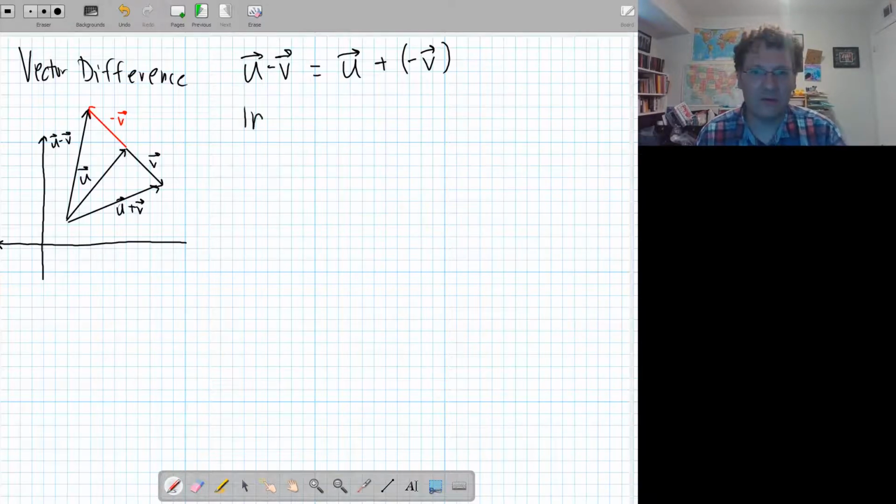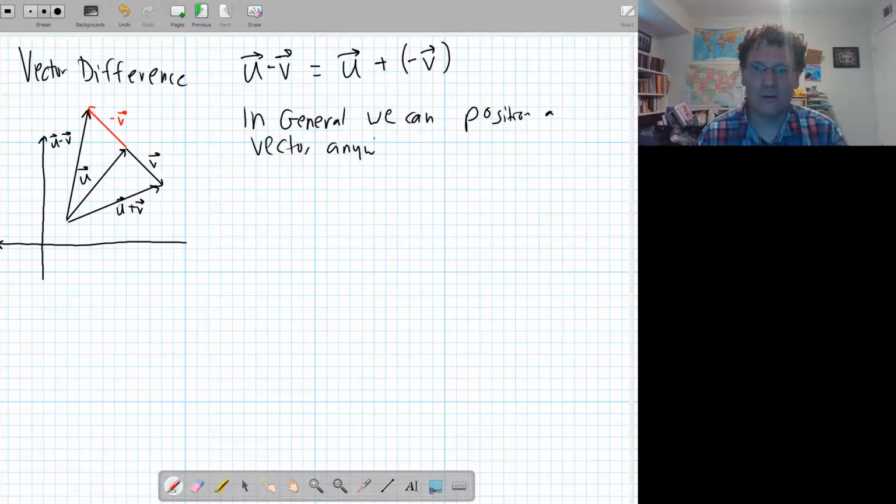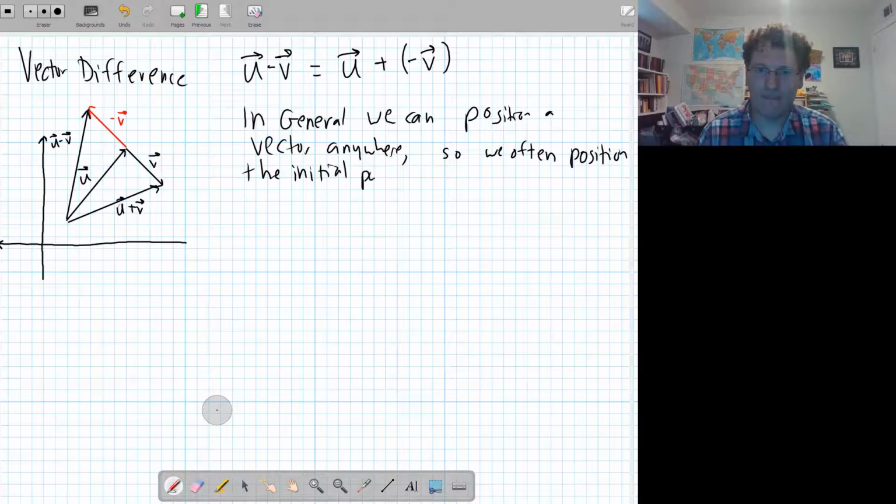So in general, we can position a vector anywhere, and we often position the initial point at the origin.